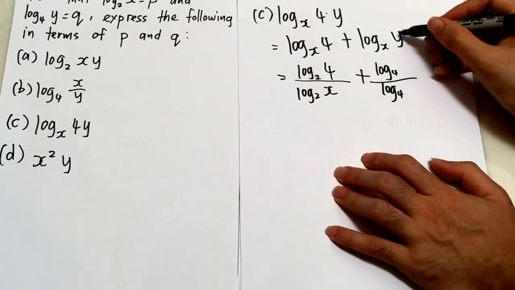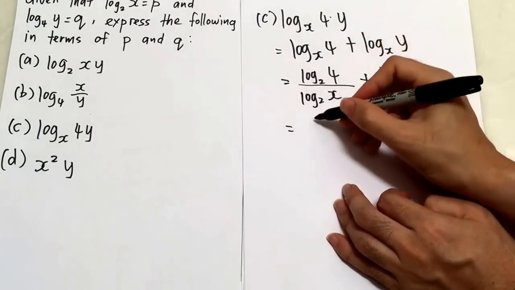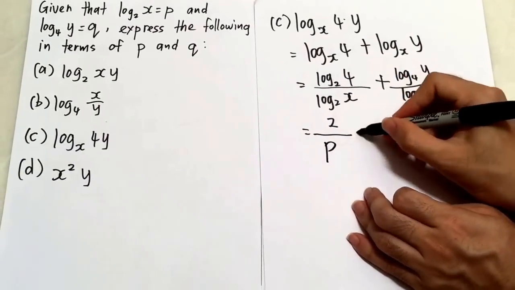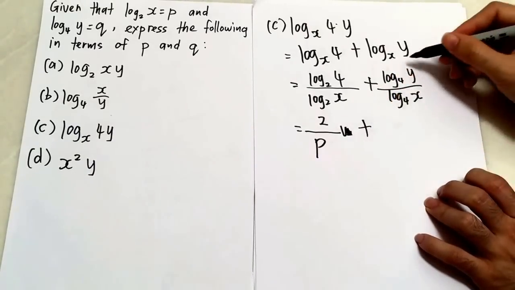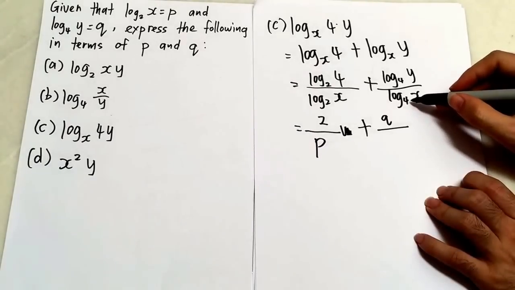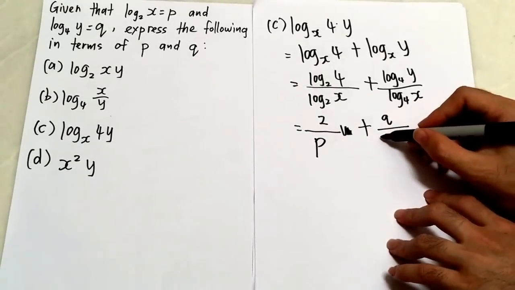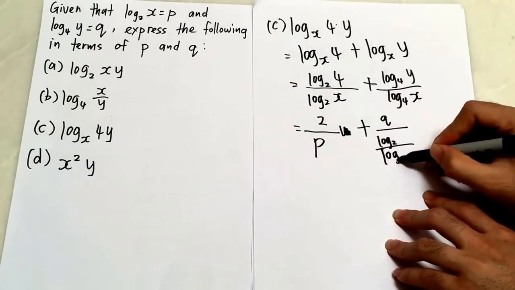Okay, so this one will be y over x. Okay, this is simple. Because log base 2 of 4 is equal to 2 and log base 2 of x is equal to p. Alright, log base 4 of y, it's plus. Log base 4 of y equals q. However, this is log base 4 of x, isn't it? Log base 4 of x, you can change to base 2 and base 2 because for x we always need to have base 2.